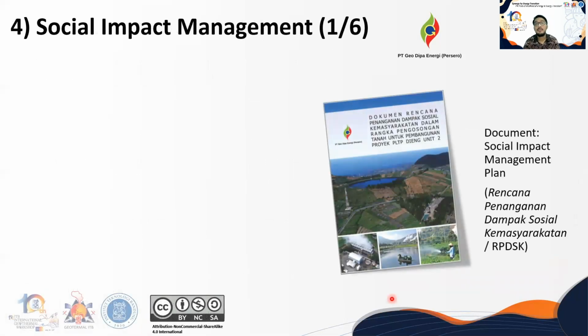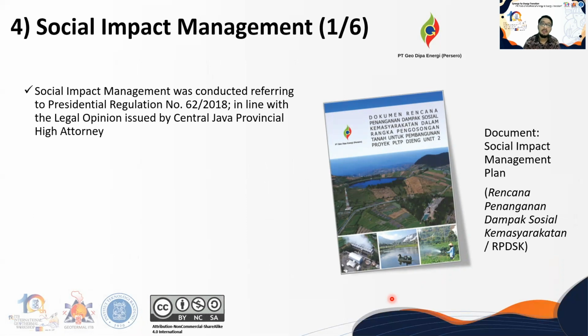So now we're moving to chapter number 4, the social impact management, the main topic, the main discussion of this paper. In line with the legal opinion issued by the Central Java Provincial High Attorney, the social impact management was conducted referring to Presidential Regulation 62/2018, as I mentioned before.